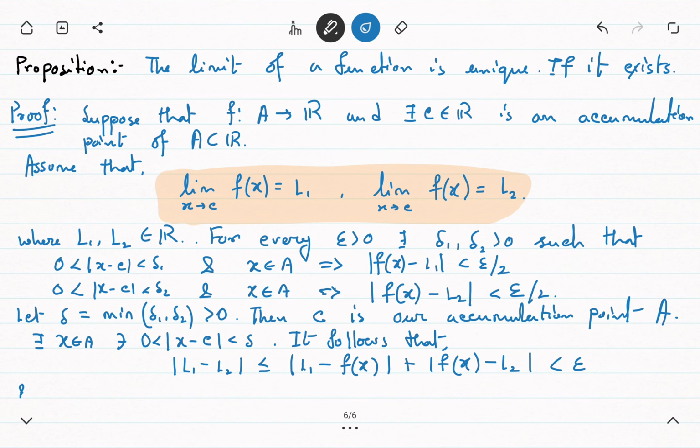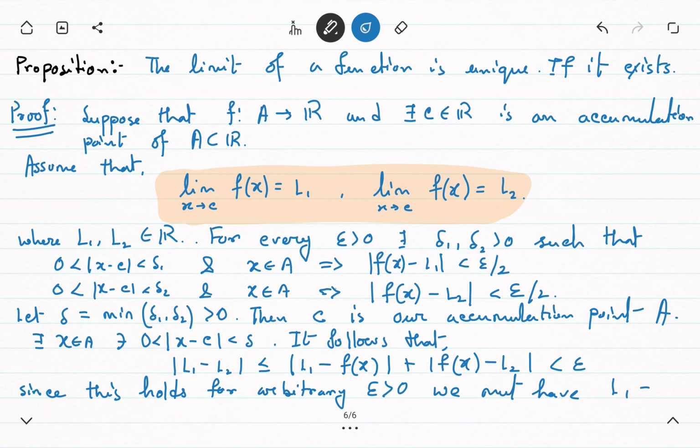Since this holds for arbitrary positive epsilon, we must have L1 equals L2.